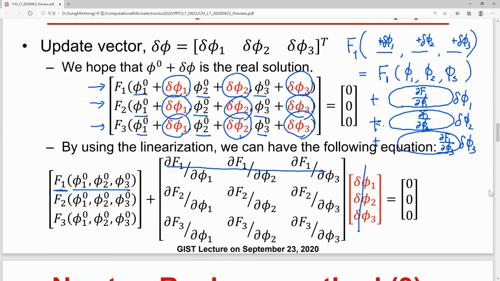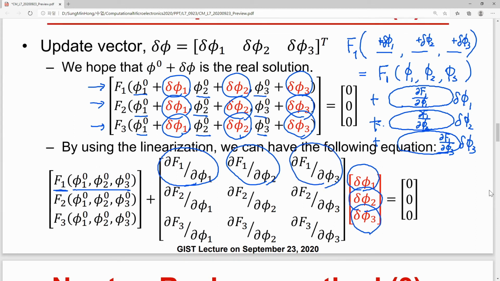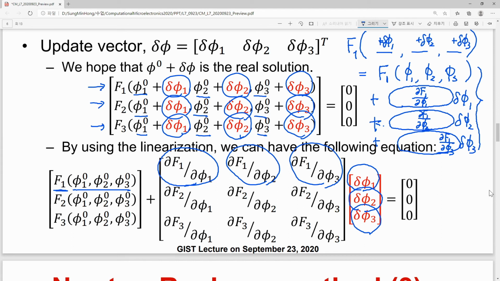The first row is obtained by multiplying this partial derivative and delta phi 1, partial derivative and delta phi 2, partial derivative and delta phi 3. This is exactly the one I have manually written in this part.